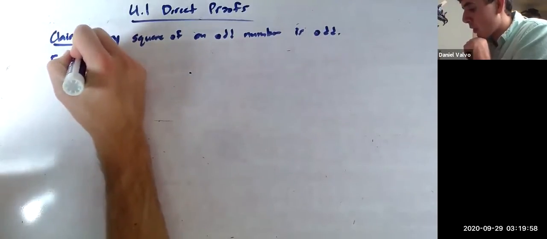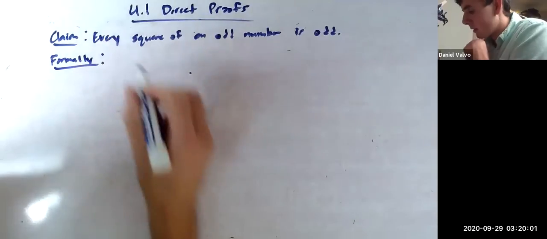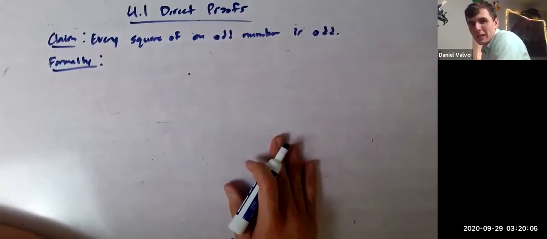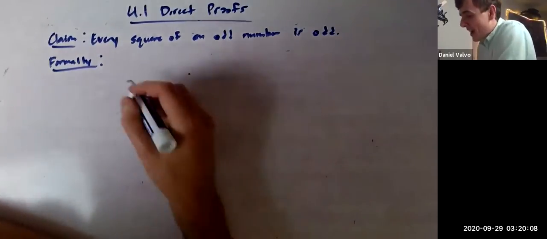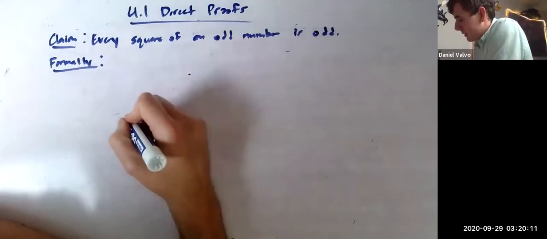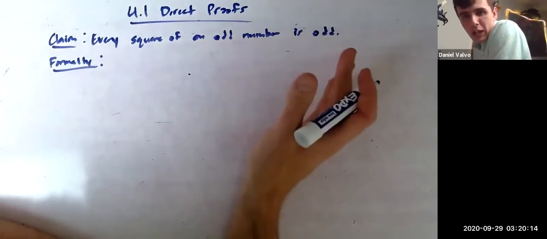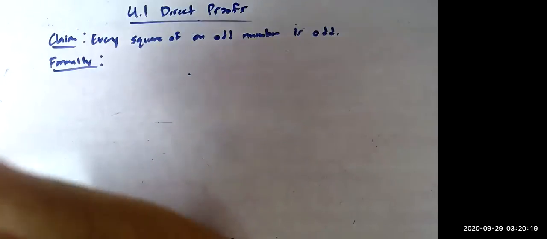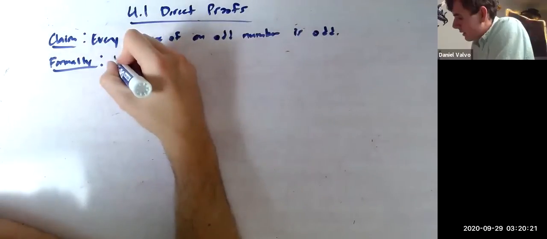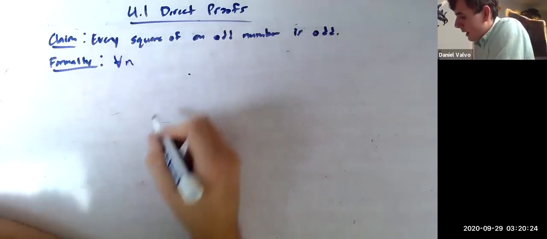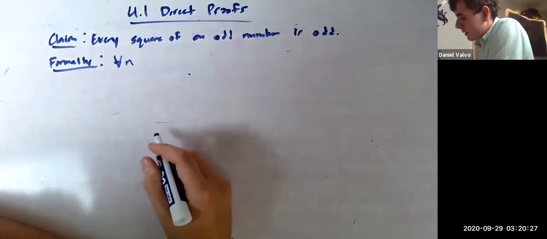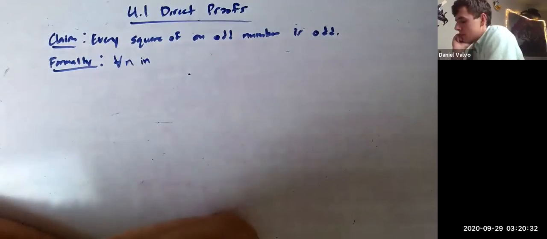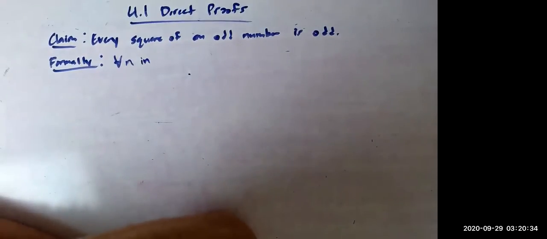So first of all, let's write it formally. I mean, this is using some street lingo right here. How would you say this in formal math? First of all, is this a universal statement or an existential statement? Universal, right? So we're saying for all n, what's our domain? Odd numbers. Sure.